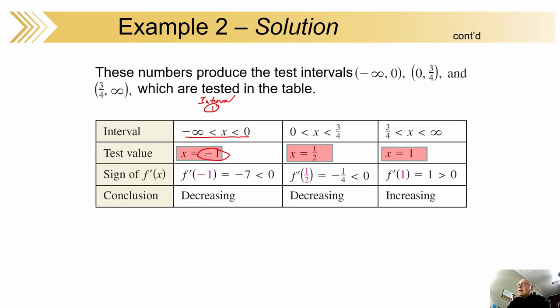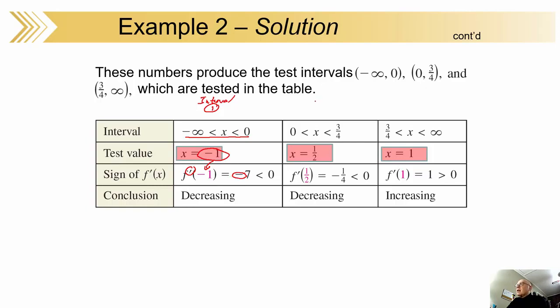And you're going to take that, put it into the derivative, and see what you get. And you don't care what the magnitude is. The only thing you care about is that it's negative in this case. If you pick another number in that interval, it's still going to be negative. They all are. That's why you can pick anything you want inside that interval.